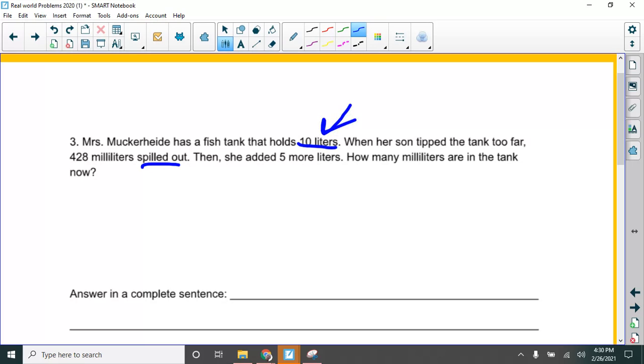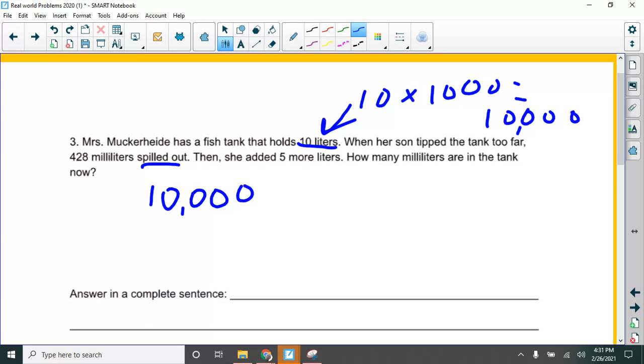Let's change this into milliliters. So 10 times 1,000 equals 10,000. This I can do. Okay. Ooh, look at all this borrowing here. We got to borrow here.